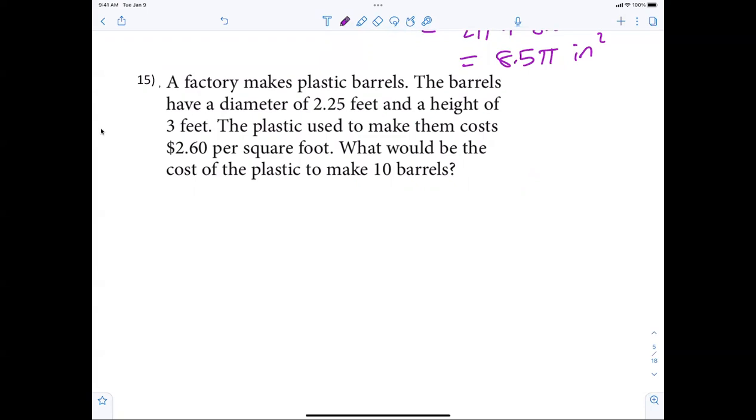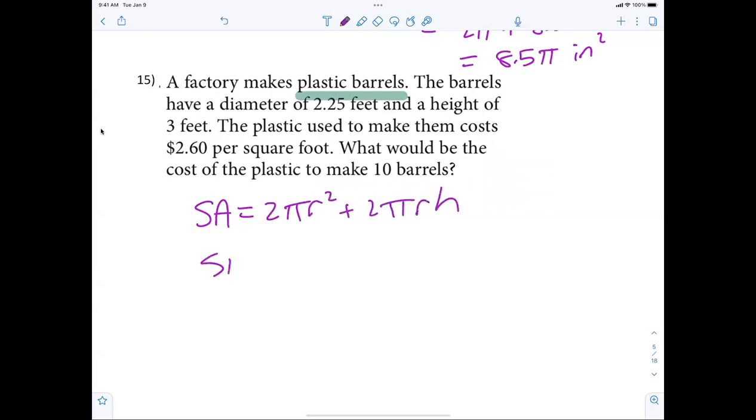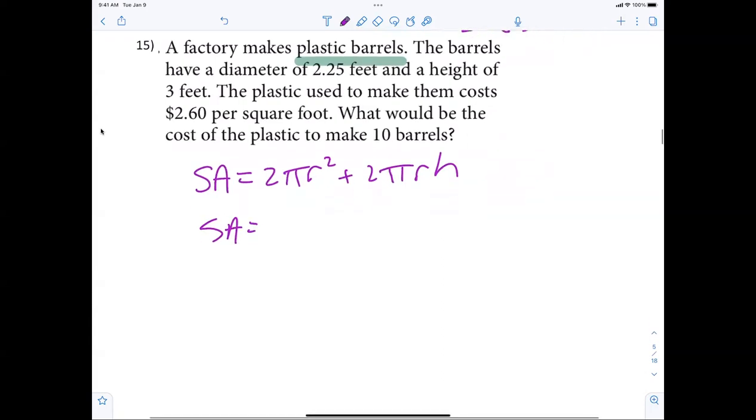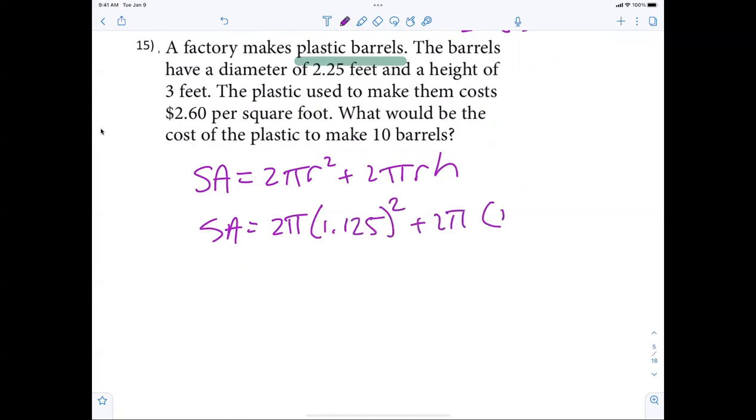So we're doing plastic barrels, and barrels are considered what? Cylinders. So here we go. Again, surface area is equal to 2 pi r squared plus 2 pi r h. Surface area is equal to 2 pi. What was the radius again? 1.125 squared plus 2 pi times 1.125 times the height of 3.